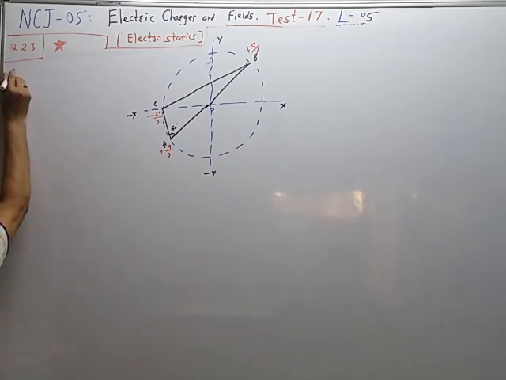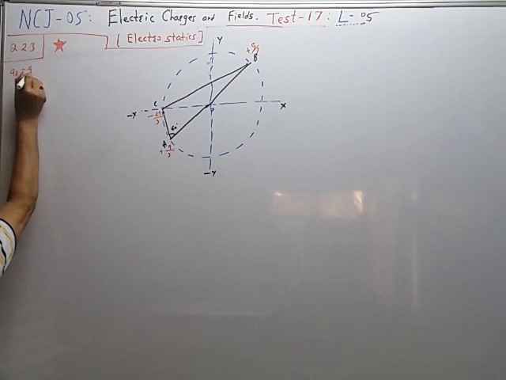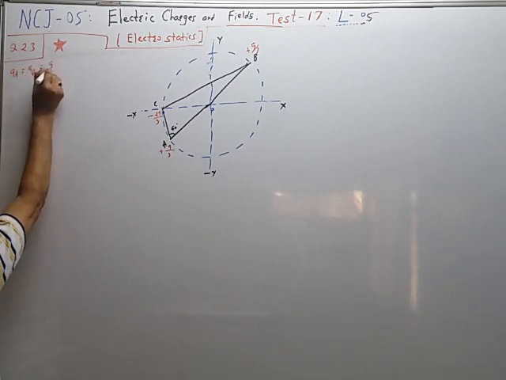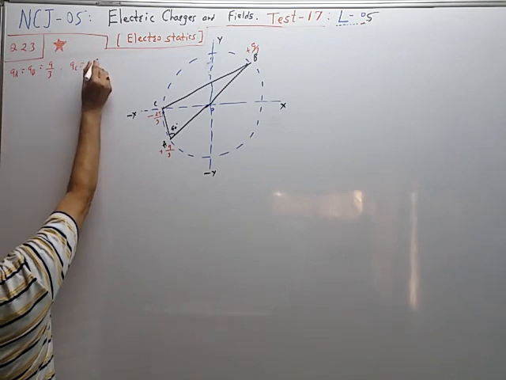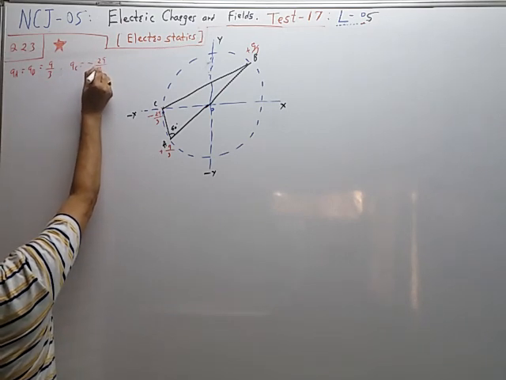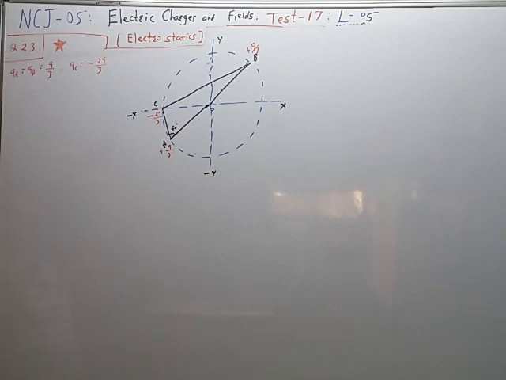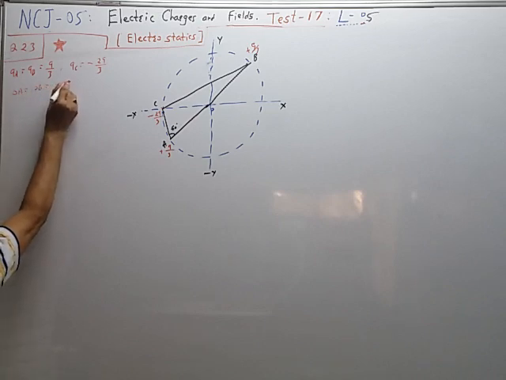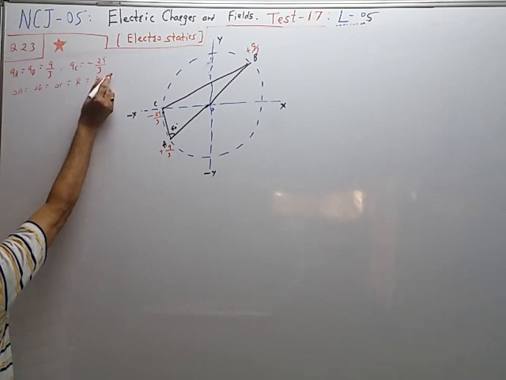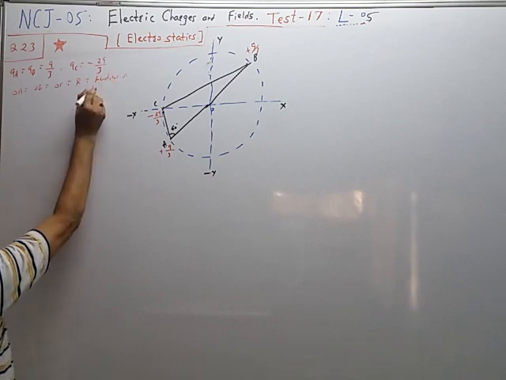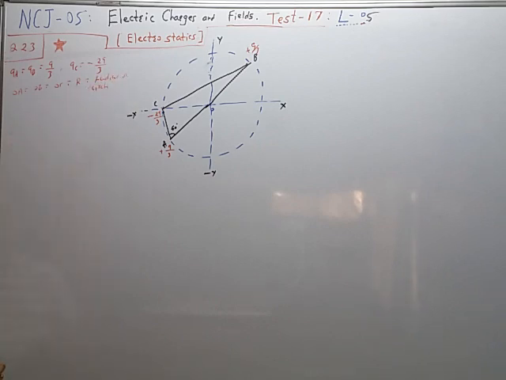So given quantity R, QA is equal to QB is equal to q by 3, QC is equal to minus 2q by 3, like this. So OA is equal to OB is equal to OC is equal to R is equal to radius of the circle.